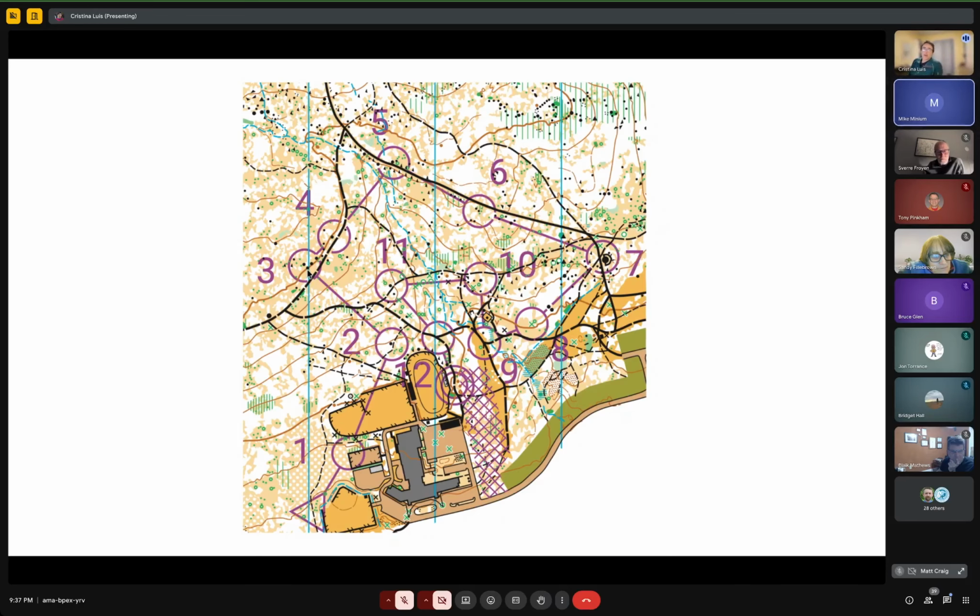And for yellow, you still want the kids to see the feature, but are they still seeing the flag, right? Right. That's something I try to look at in course setting, more telling course setters than the kids: if you have the circle overlapping the trail, you don't want the control where it can't be seen from the trail.